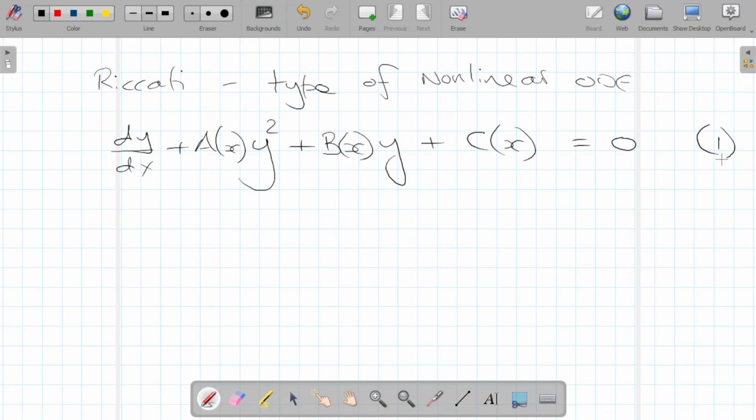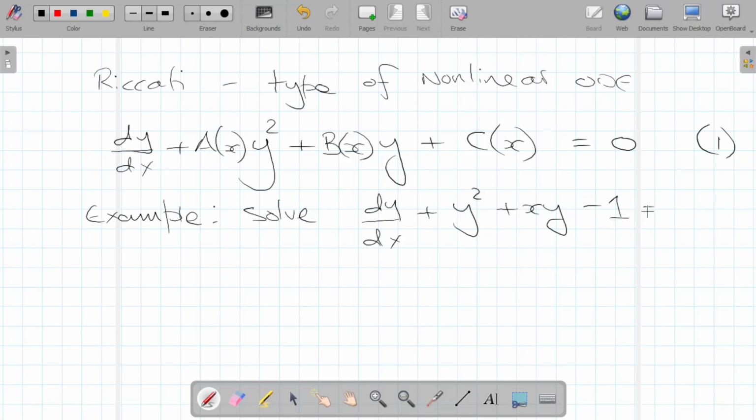So we're going to look at an example, and the example is to solve dy by dx plus y squared plus xy minus 1 equal to 0. And we'll call that equation 2.